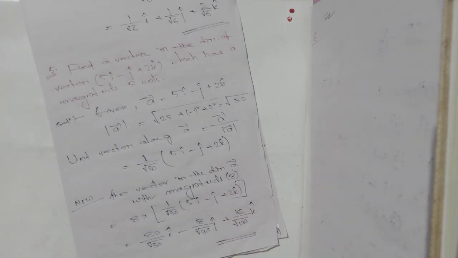That is the answer of this question, the vector having magnitude 8 in the direction of the given vector A.